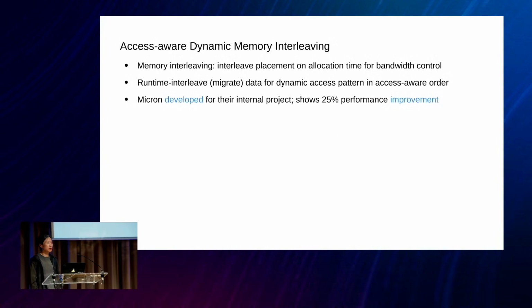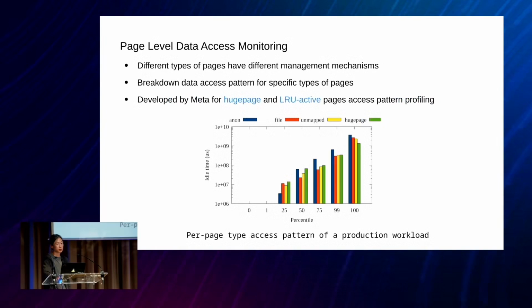And also there is one interesting approach to interleave memory for better memory bandwidth control, developed by Micron. They argue they have shown 25% performance improvement with this internal project.